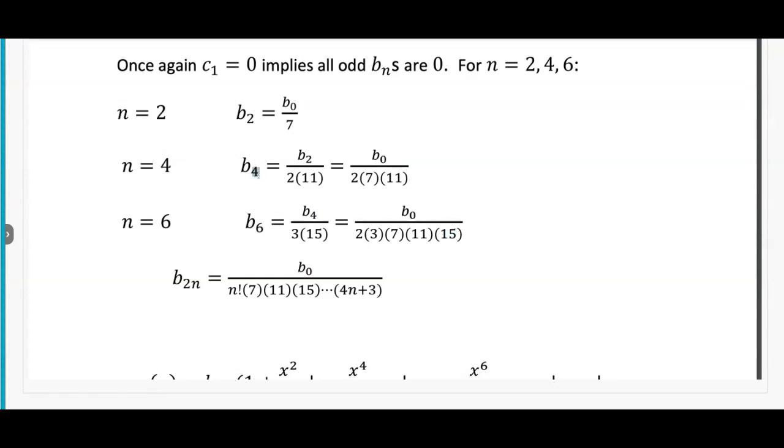In this case n is 2, 2 times 4 is 8, 8 plus 3 gives us 11. So the nth term is 4n plus 3. So we get this relation: the 2nth term with the first term has this scalar, 1 over this.